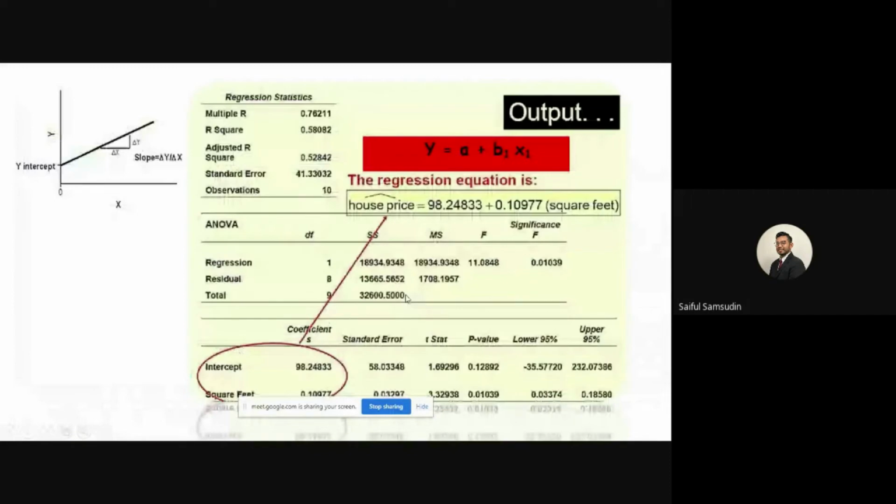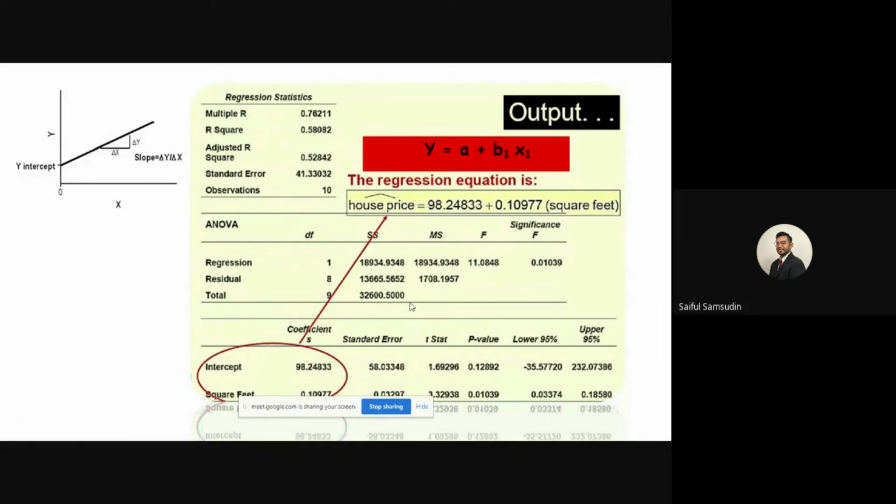So here, the output, we get the multiple R 0.7, R square 0.58. Okay, what is all this about? I will explain. In regression, we have the ANOVA result. We also have this one part. So I believe all of you get the same numbers or same result with this slide, right? Yes. All right.